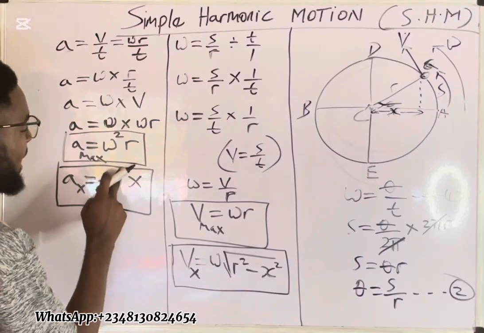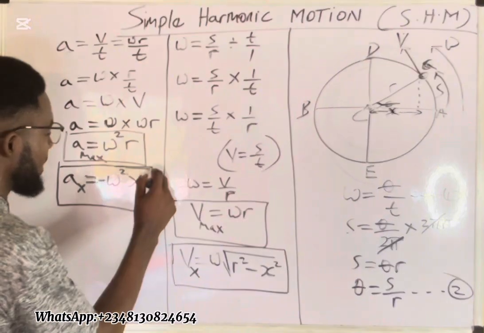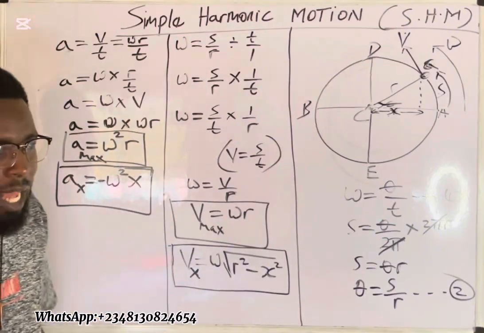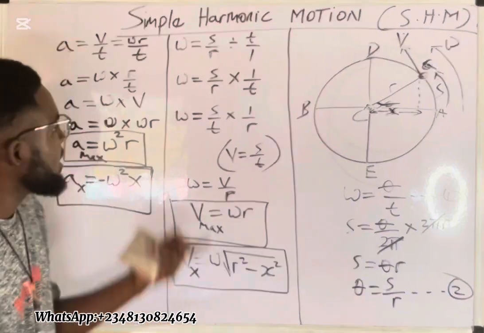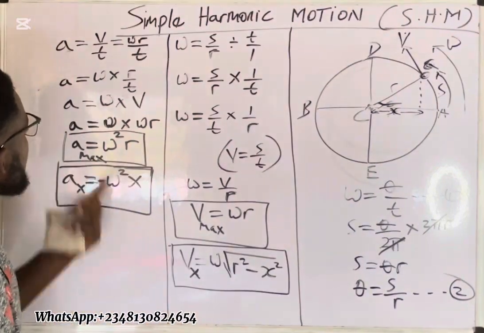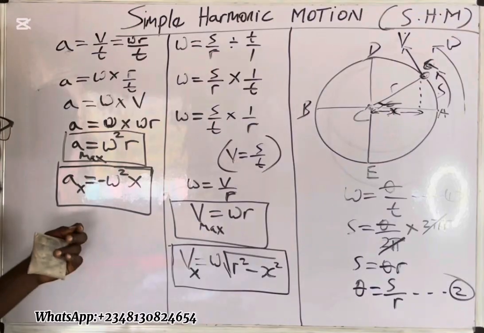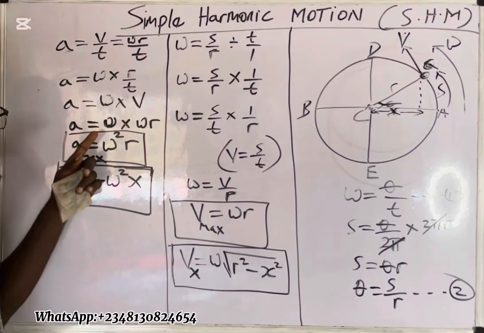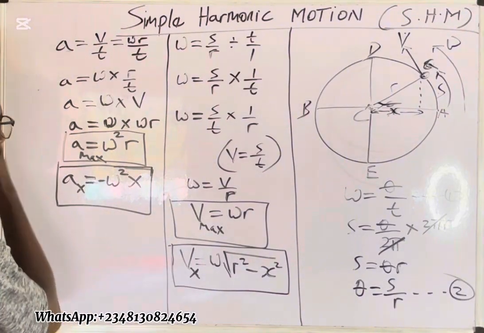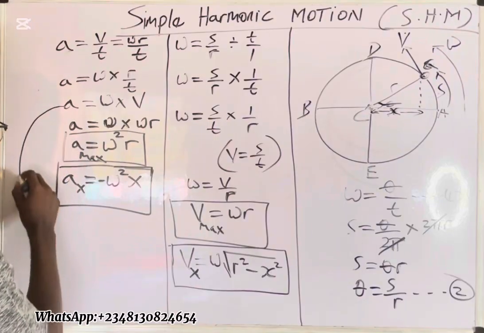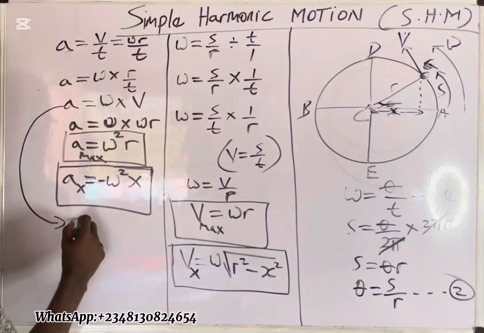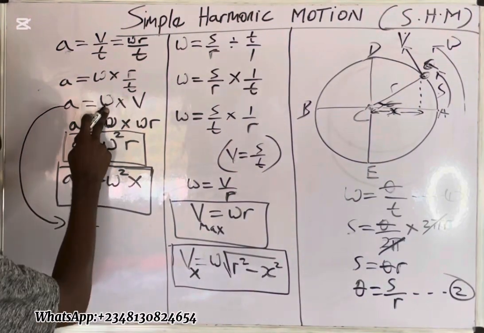Now that we have it like this, remember also that we can get centripetal acceleration from this concept, from this equation. From here, acceleration is therefore equal to, what is omega?